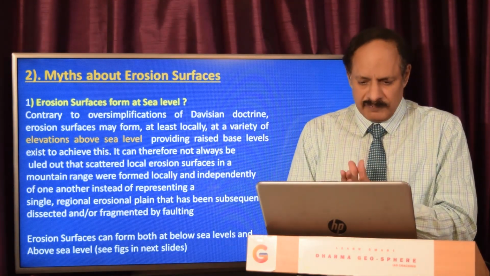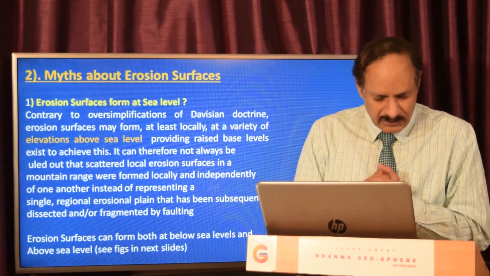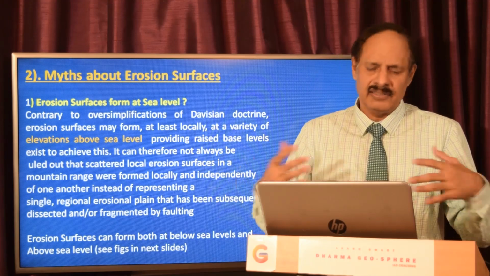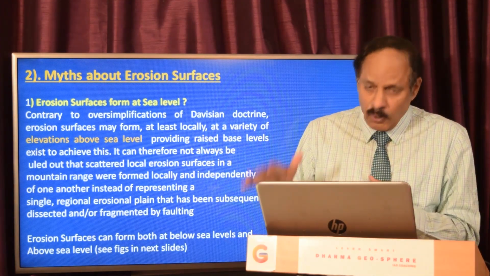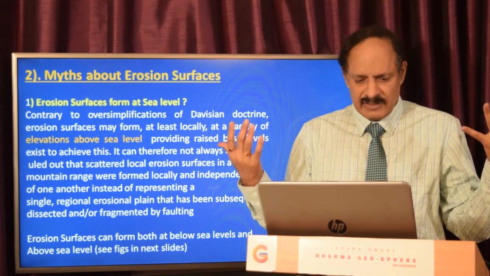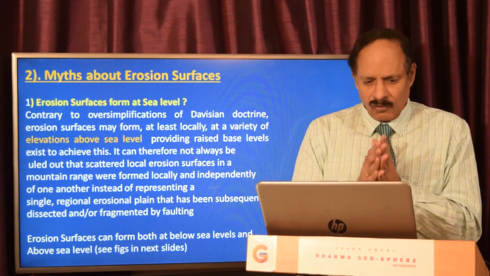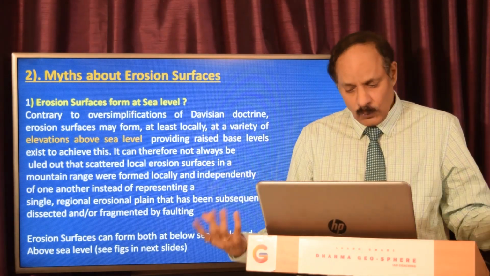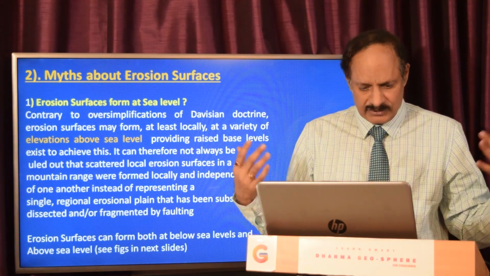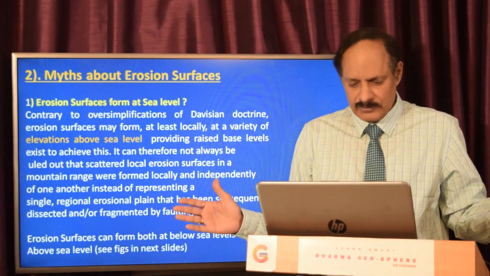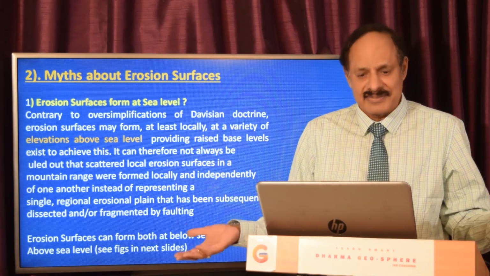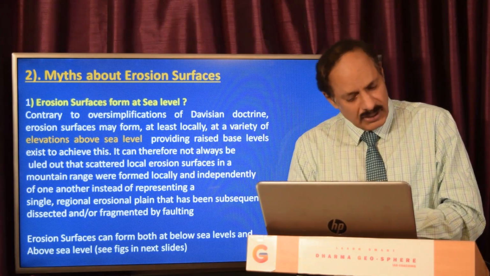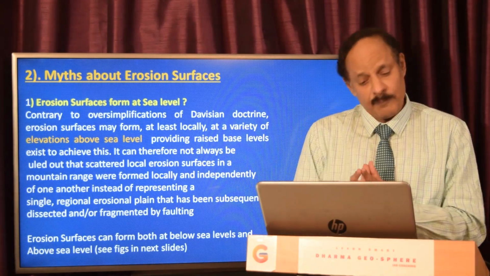Contrary to this oversimplification of the Davisian doctrine of the erosion cycle, erosion surfaces may form, at least locally, at a variety of elevations above sea level, providing raised base levels, and it can therefore not always be ruled out that scattered local erosion surfaces in a mountain range were formed locally and quite independently of one another, instead of representing a single regional erosional plain that has been subsequently dissected and fragmented by faulting. So erosional surfaces can form both below sea level and also more prominently above sea level.